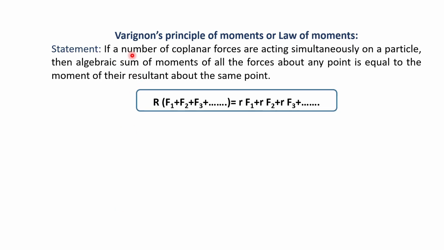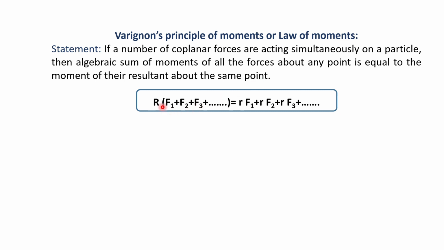Let us see Varignon's principle of moment, or law of moments. The statement is like this: if a number of coplanar forces are acting simultaneously on a particle, then the algebraic sum of moments of all the forces about any point is equal to the moment of the resultant about the same point.